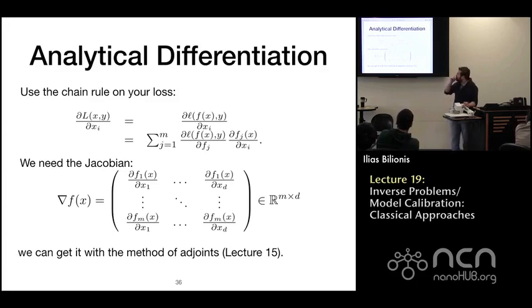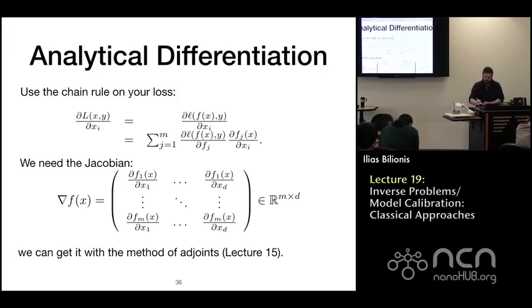Okay, so here's what we need to do to get the derivatives. Another thing that we can pass these algorithms is the derivative of the loss function with respect to the parameters that you have. If you use the chain rule, you will basically need this derivative, which is easy because you just know your loss function.